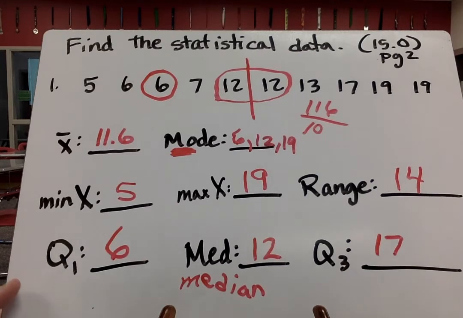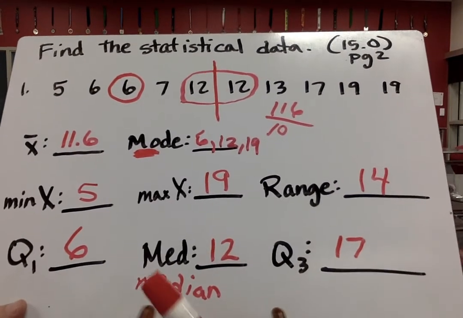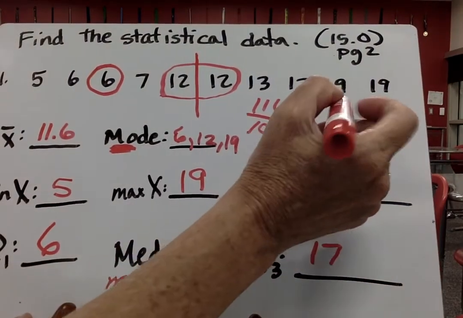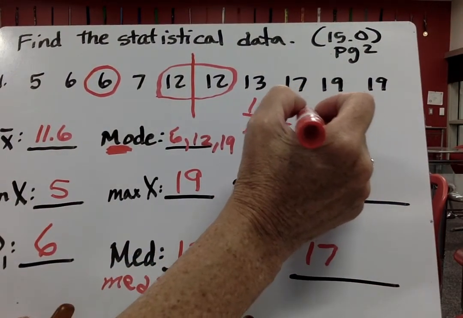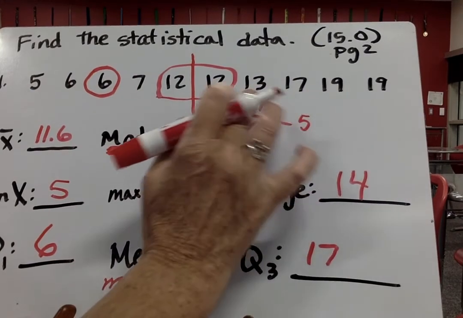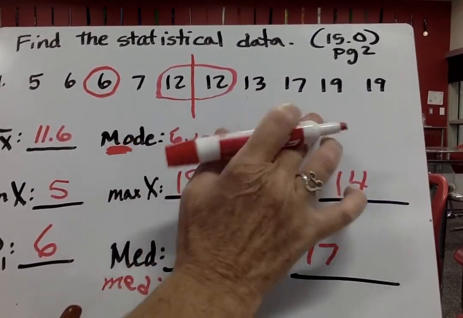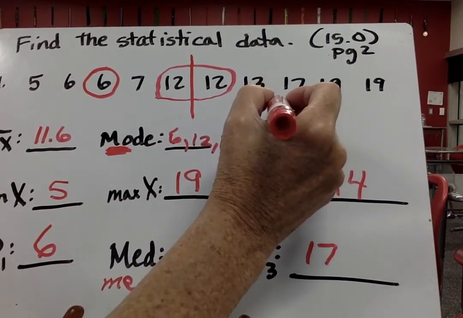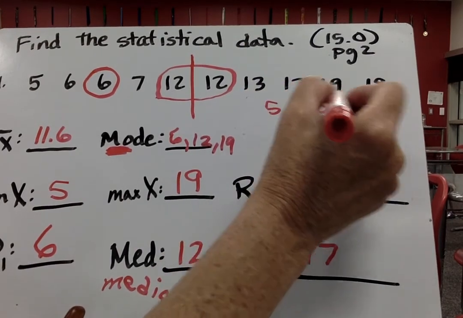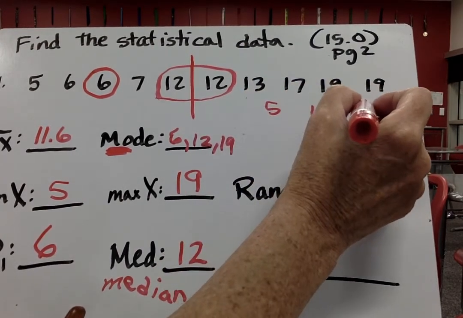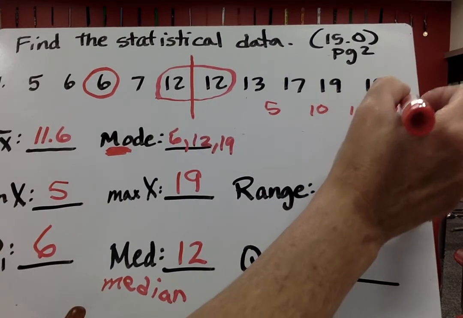And now you have all the data that you need for a box and whisker plot. And let's see if I have a space for the box and whisker plot. I might go ahead and do it over here where I can put 5. I'm going to go ahead and erase that. 5, 10, 15, 20.